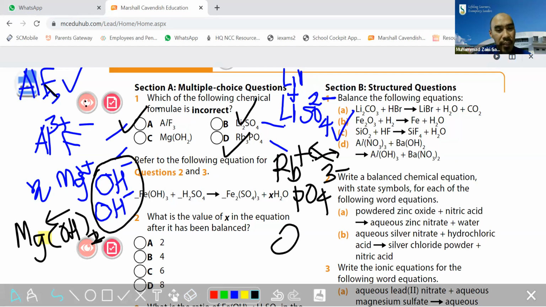It should be Mg, then the whole OH in brackets, and 2 outside. So the answer is this one.